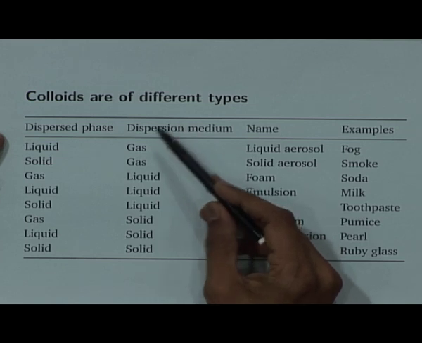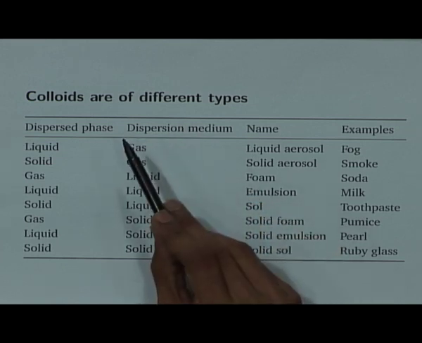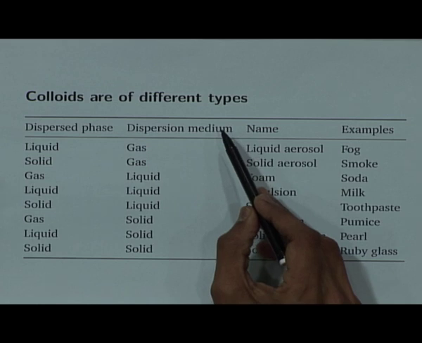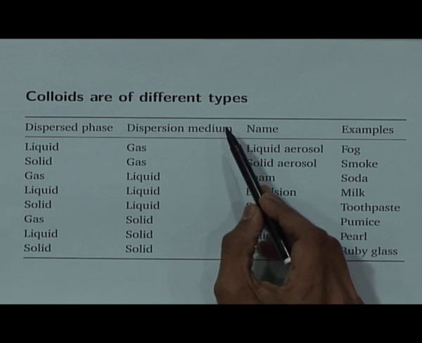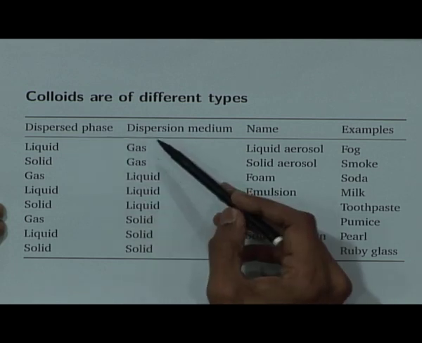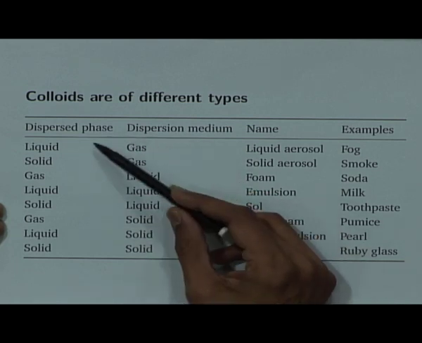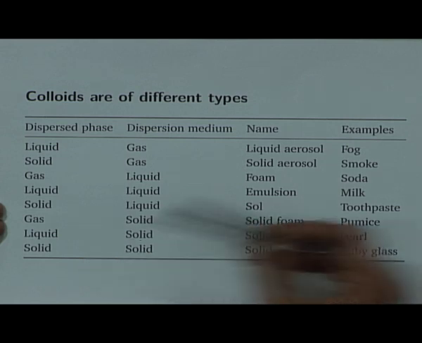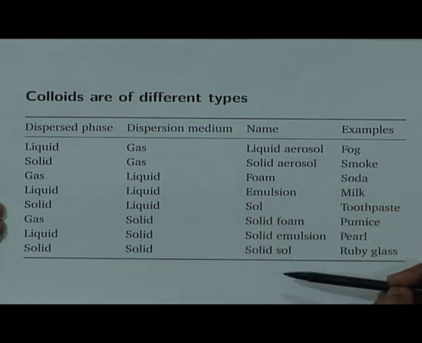So, instead of 9, which I expect to have 3 possibilities of dispersed phase with 3 possibilities of the dispersion medium, I cannot have the gas dispersed in gas. So, I have 8 possibilities, and these are their various names.